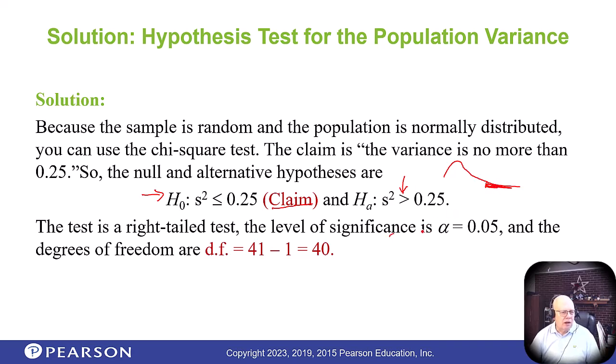You've got the level of significance, and this area right here is going to be 0.05 because it's not a two-tailed test, so you don't split it. The whole thing is out there. And the degrees of freedom is 40. Just subtract 1 from n.